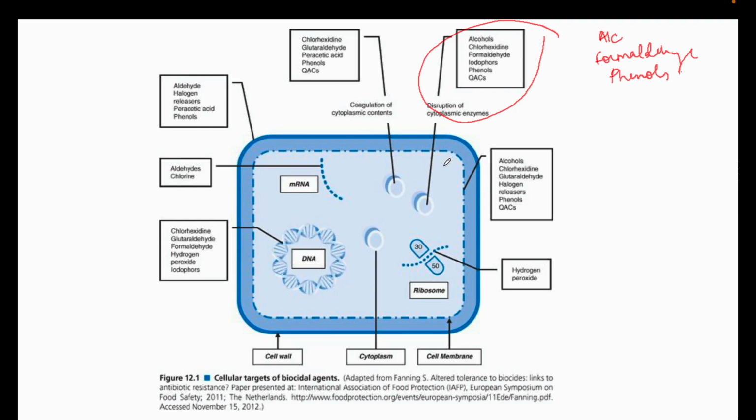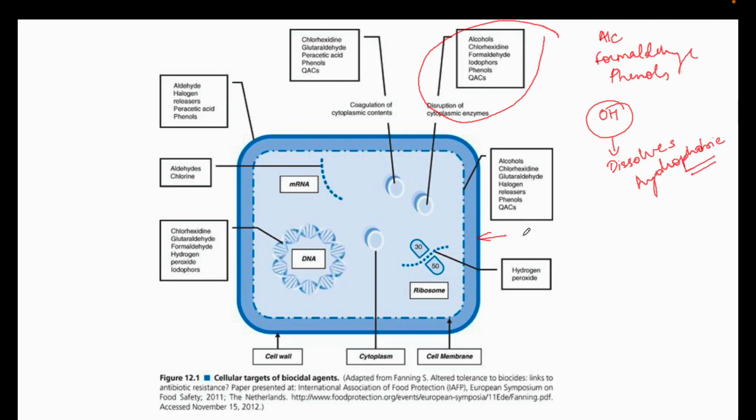Alcohol and phenol have a highly reactive OH group, which is able to dissolve many of the hydrophobic enzymes. Essentially all these phenols, alcohols, and formaldehyde can dissolve various hydrophobic molecules, and one of the major hydrophobic molecules we know is the cell membrane.